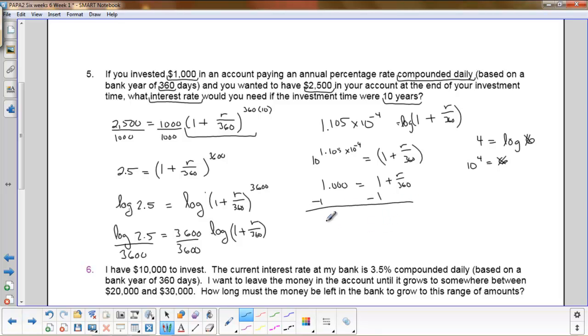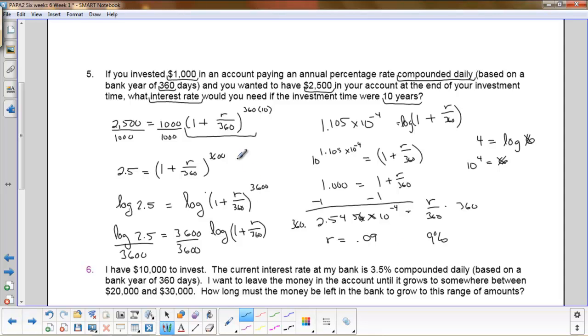We get 2.5456 times 10 to the negative 4th power equals r divided by 360. Multiply both sides by 360, and my final answer is r equals 0.09 or 9% interest.